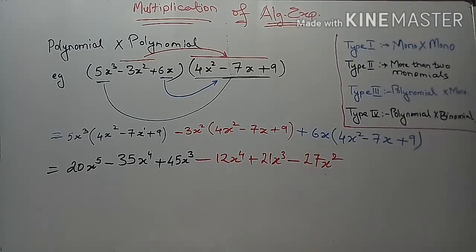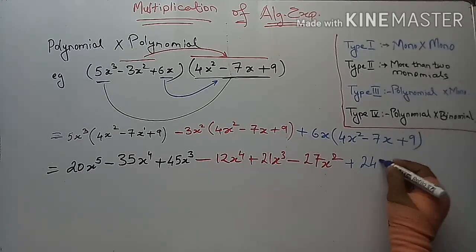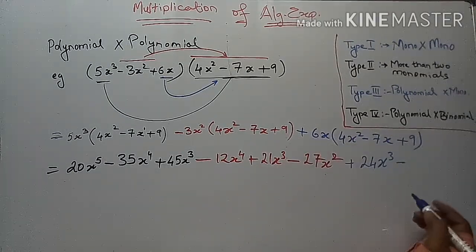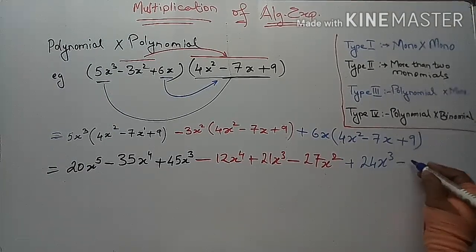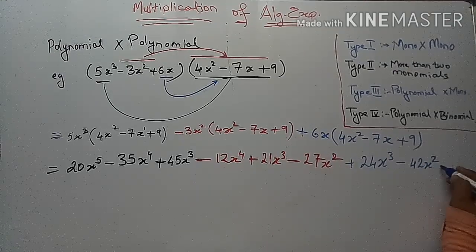And the last one that we have, 6 4s are 24, x cube, plus 6 into minus 7, 7 6s are 42, that is minus 42 x square, and 9 6s are 54 x.